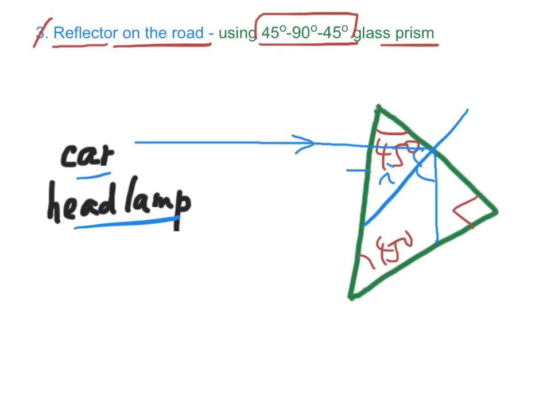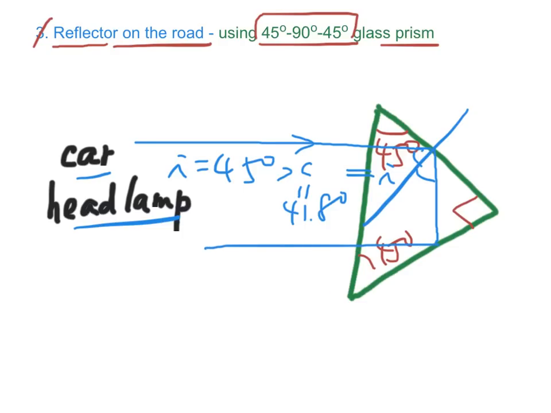Because I is 45 degrees, which is larger than the critical angle of glass, which is 41.8 degrees, total internal reflection occurs twice inside the glass prism, such that the light wave will be reflected backward towards the drivers. Therefore, the drivers can see the road ahead clearly.